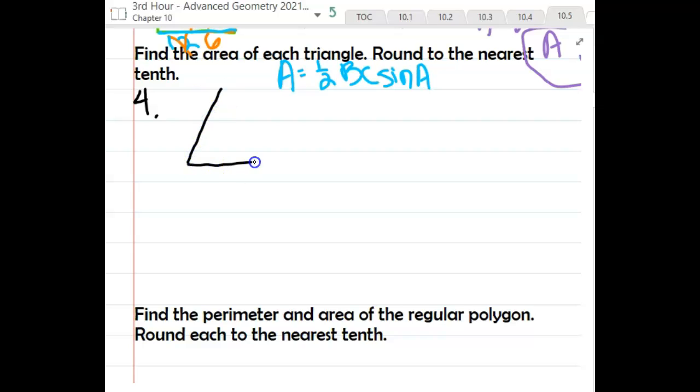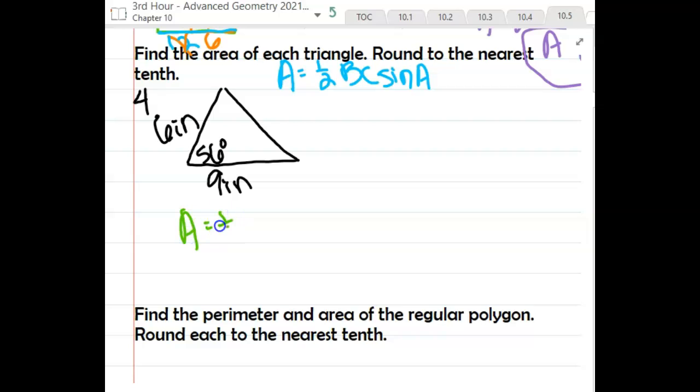So number 4, if I have this triangle with a 56-degree angle, the 2 sides that are going to include that would be this left side, which is 6 inches, and this bottom, which is 9 inches. So for these ones, it's just plugging numbers into a formula.